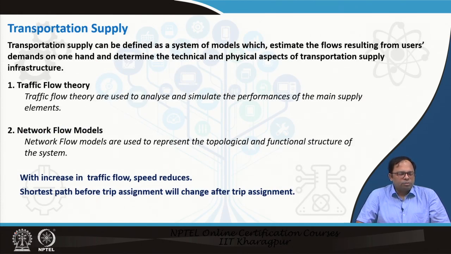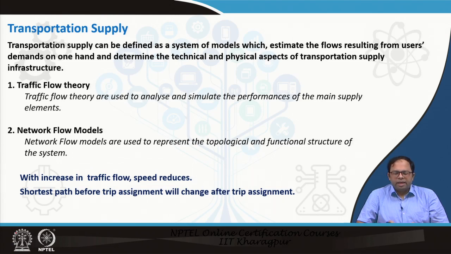So when we look at transportation supply, we can talk about two parts of it. One is that we estimate the flows resulting from users' demand on one hand, and determine the technical and physical aspects of transportation supply and infrastructure on the other hand. Traffic flow theory looks into the first part, where we analyze and simulate the performance of the main supply elements.